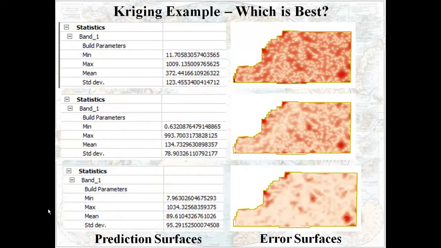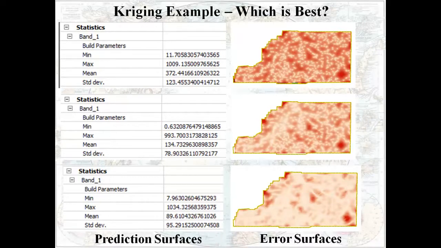And when we do the declustering, detrending, and transformation, our mean error goes down to 90 meters. And you notice that the standard deviation goes up from the second one to the third one. So we get more variation in our error, but we get a lower mean overall. So if we do the transformation, the declustering, and the detrending, we're going to get the smallest estimated error, and that's going to be the best kriging that we've done in the three methods that we've tried.